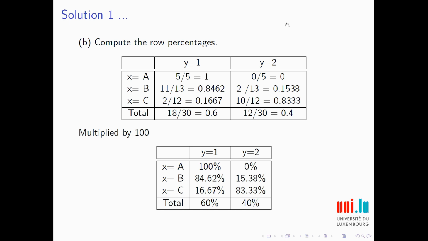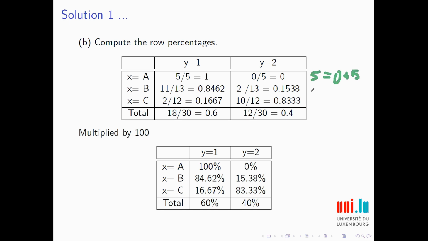So in our case, this is 5. Let me again add annotations. This is 5. This is a summing number, so this is a resulting number for the first row.